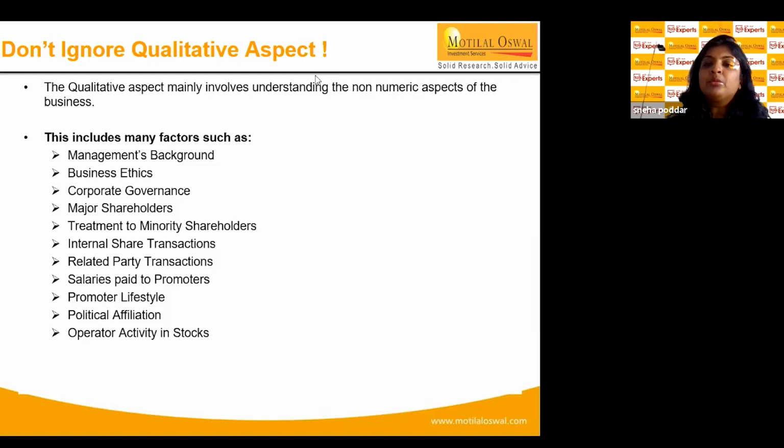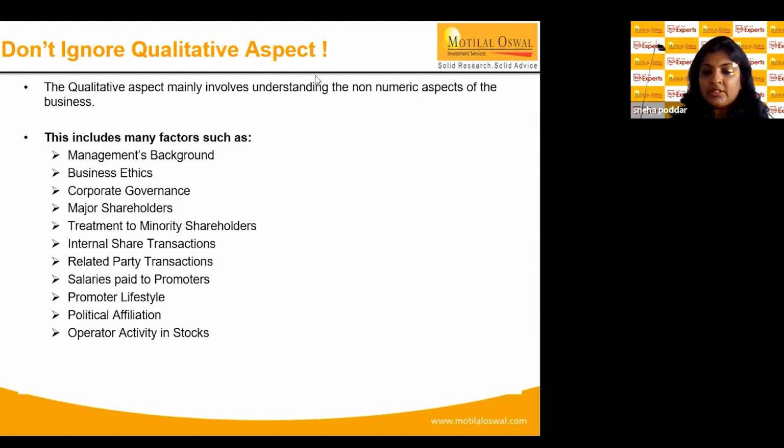Basically you have to keep yourself updated by reading management interviews, the newspapers, and listening to the news channels. All this will help you understand the news updates about the company, and then you can take a call.